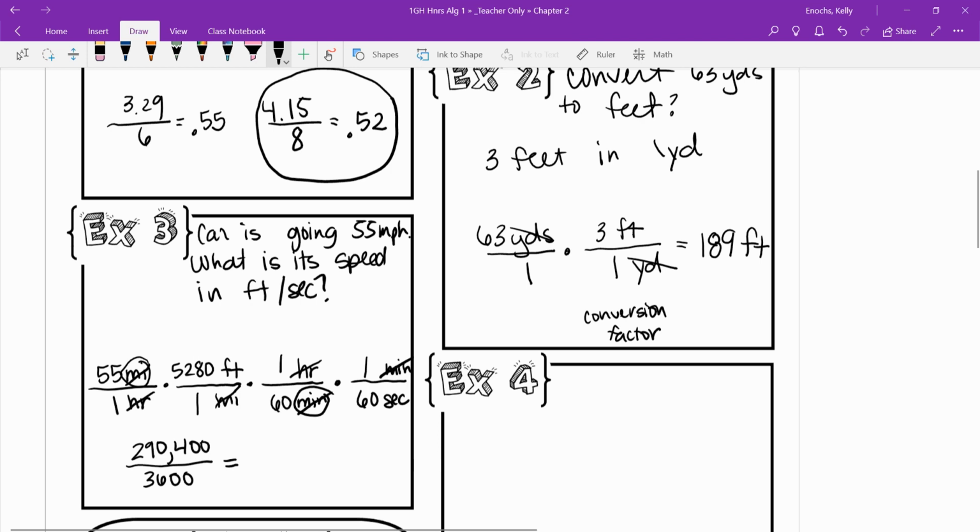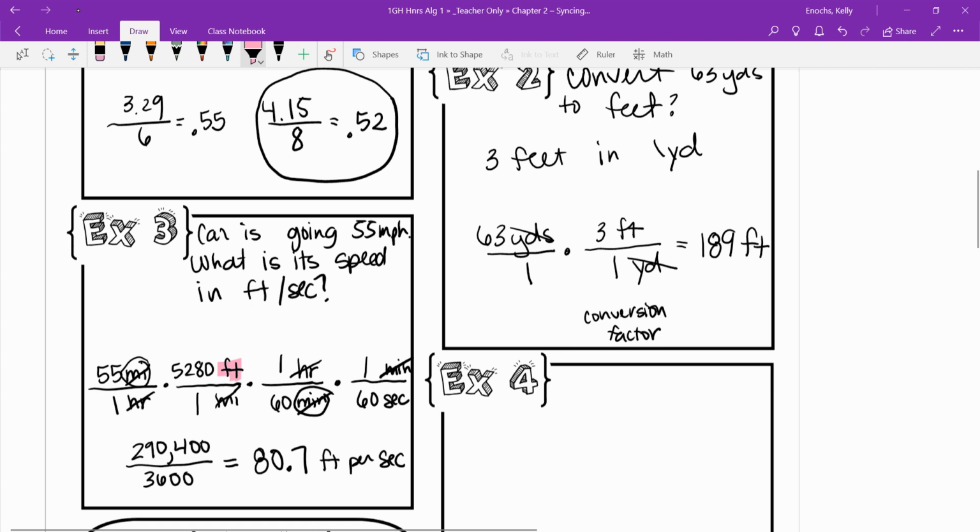There we go. You'll get 80.67. If we round that to the nearest tenths, 80.7 feet per second.